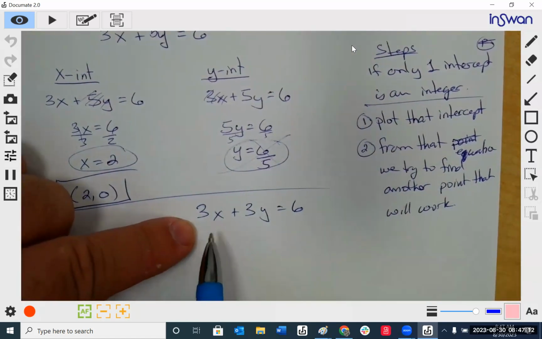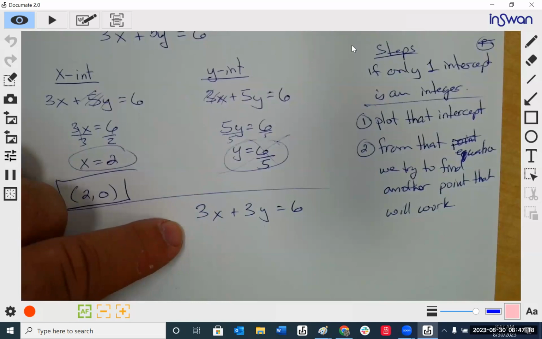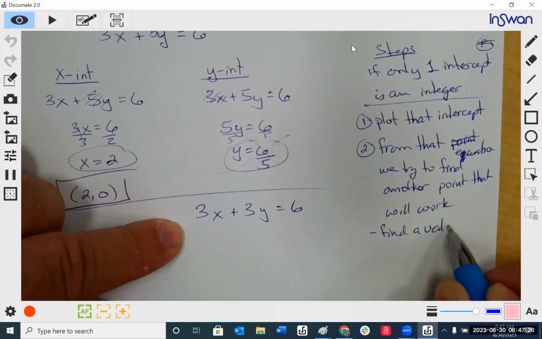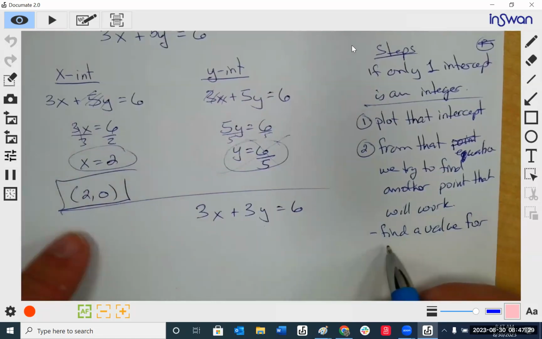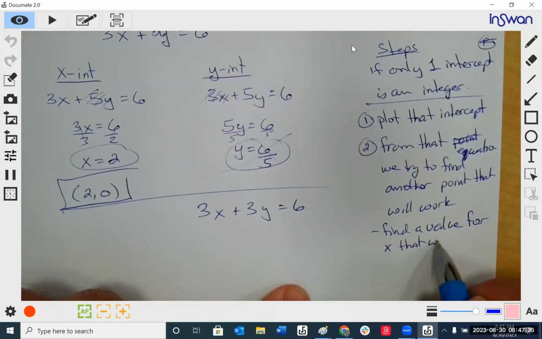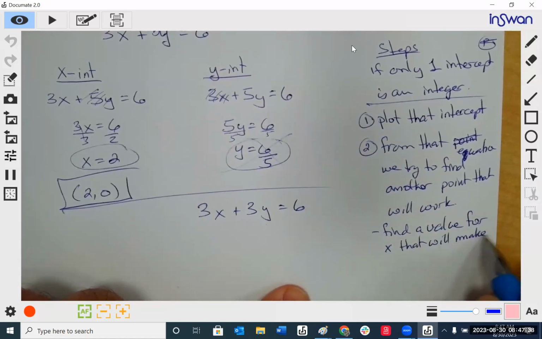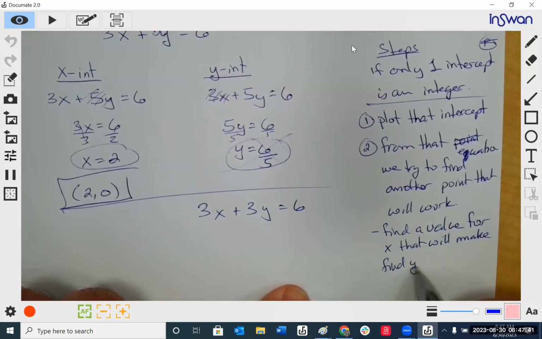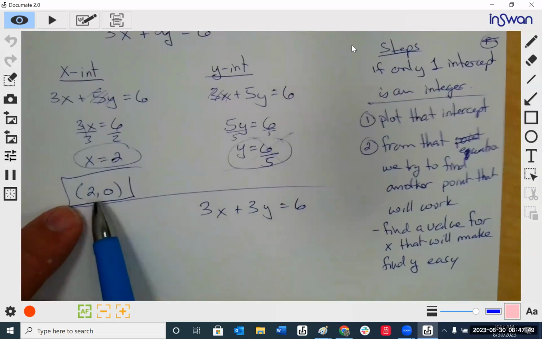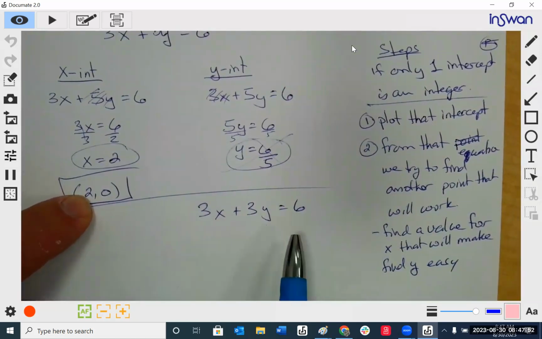So what value of x can we put in there so that we can solve for y? What that means is, find a value for x, since we have an x-intercept, that will make finding y easy. Since we know the x-intercept works, we have to find the y-intercept now.